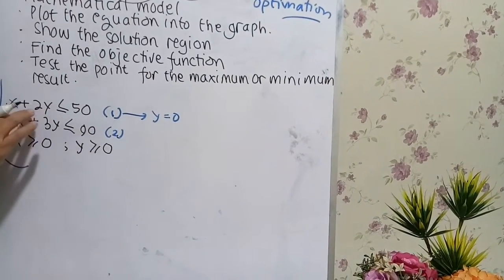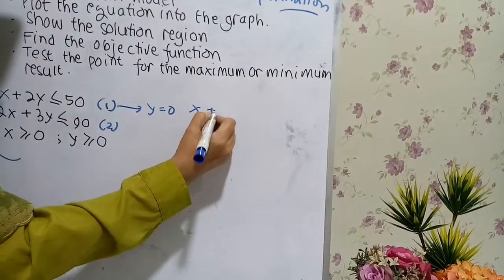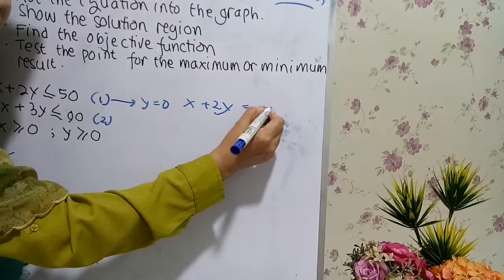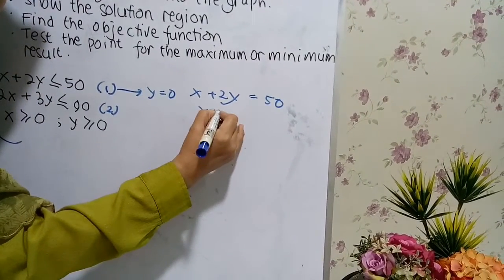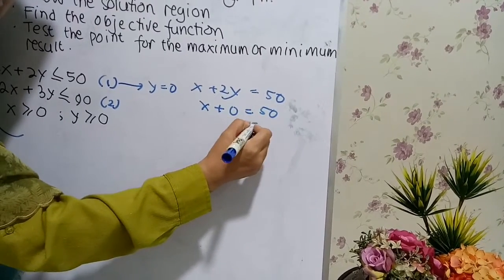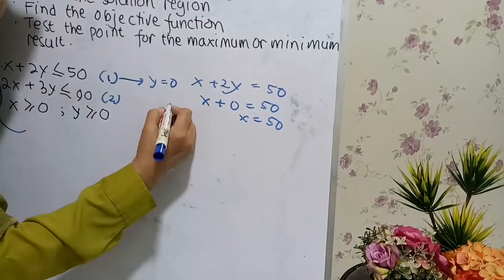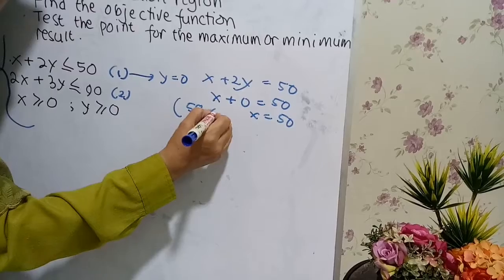If y equals 0, then x plus 2y equals 50 becomes x plus 0 equals 50, so x is 50, and that gives us the coordinate (50, 0).